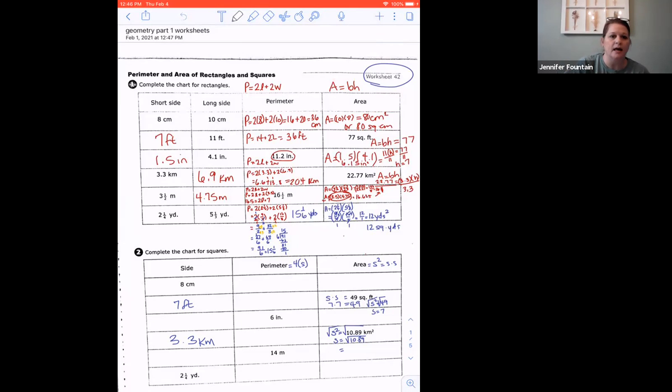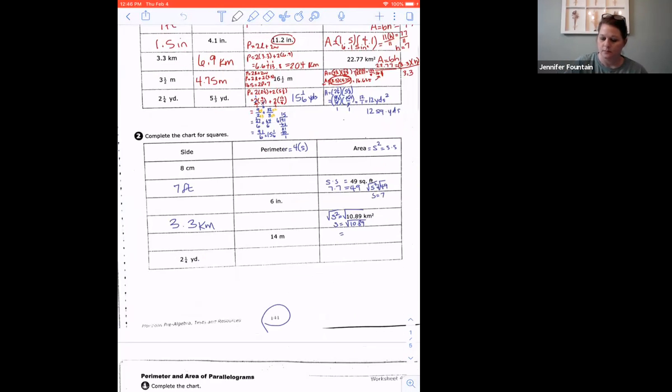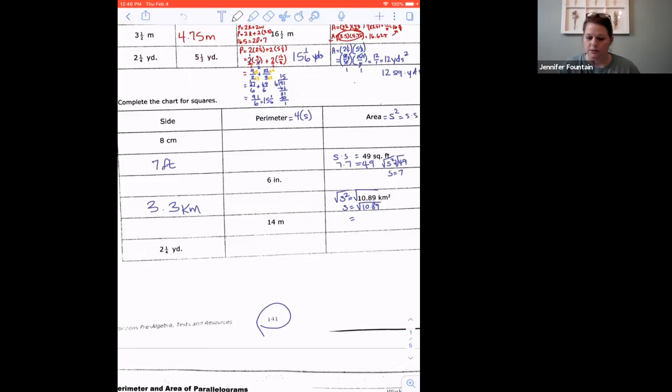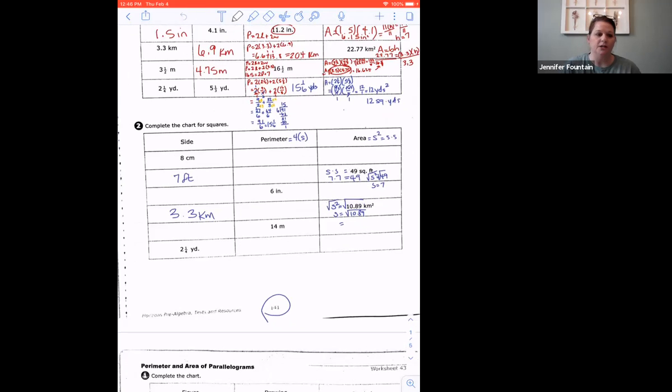Okay, so let's go ahead and take a look at part 2 of page 141. If you don't have those out, go ahead and get them out. Now, remember, we ended up having to deal with a square root in one of our problems.